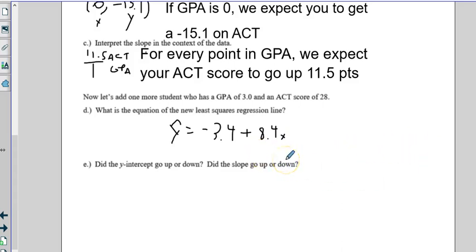Our original y-intercept was negative 15.1. Our new one is negative 3.4. Did it go up or down? Careful. You're right, it went up. It went from negative 15 to negative 3. That's going up. The slope originally was 11.5, now it's 8.4. What did it do? It went down.